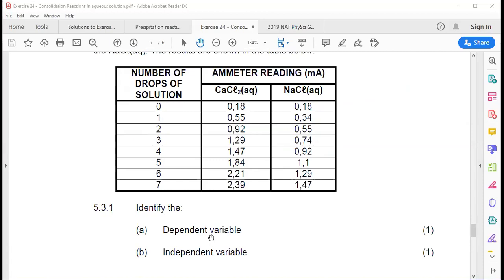Yesterday we spoke about the dependent variable. What is a dependent variable? It's a variable that is measured during an experiment. What is an independent variable? It's a variable that is changed during an experiment. A controlled variable is a variable that remains constant.